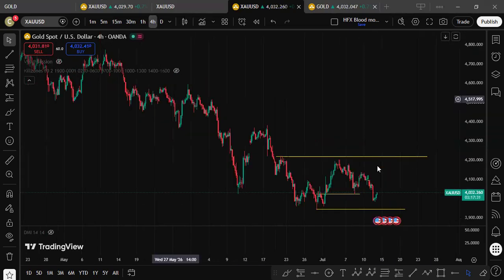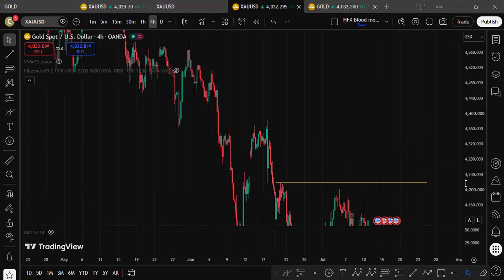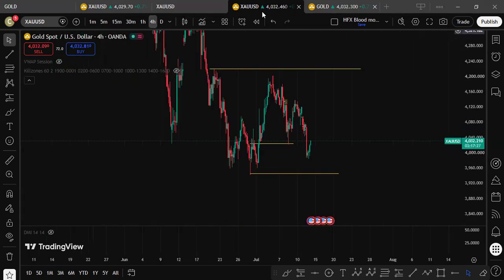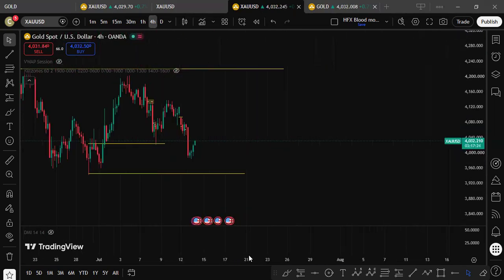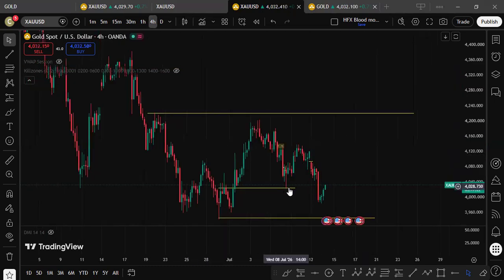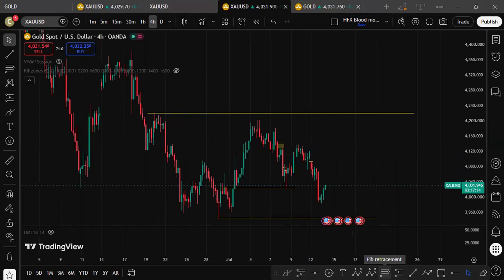That's when I can mark this area as my swing low. Now that I know this area is my swing low, the next thing is to use my Fibonacci to know where the market is likely to retrace to, where it is likely to pull back to for the sell to continue.